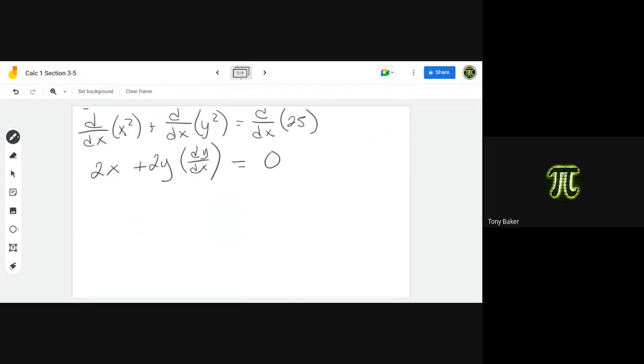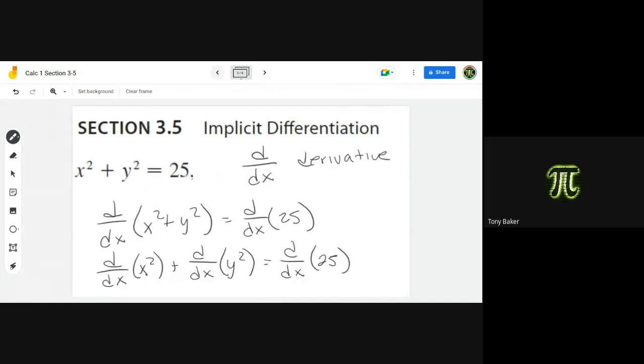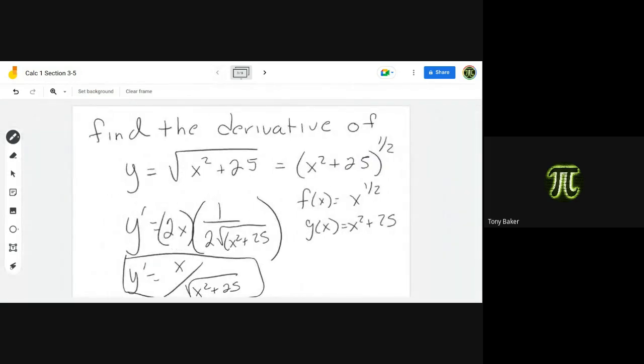So whenever you take the derivative of the y, you're multiplying it by its derivative, which is the dy dx, which we've seen before. That y prime could also be shown as dy dx. And remember, that was another way that we could write the derivative of y.